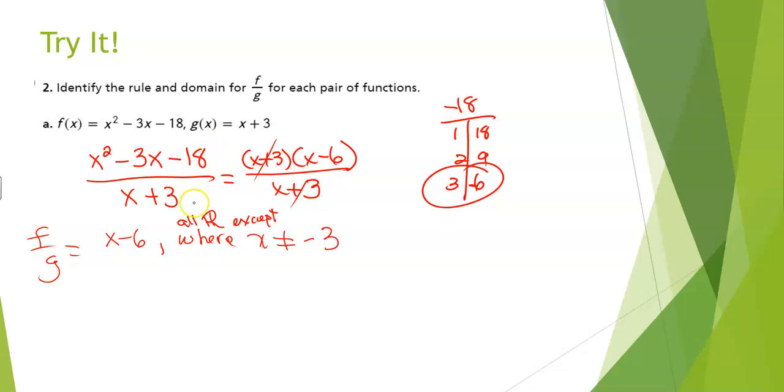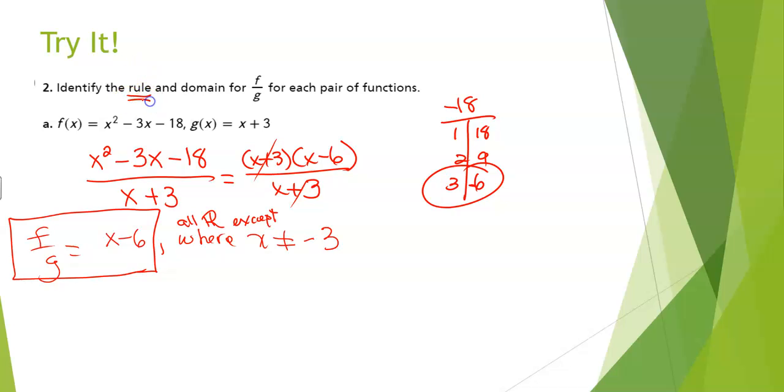You set it up like this, and then you realize this is a quadratic that can be factored. I found the factors of c, which is negative 18, and I found that 3 and negative 6 add up to negative 3, and so x plus 3 times x minus 6, and the x plus 3's cancel out because that's the same thing as 1, and I'm left with this. This is my actual function when I combine those two, and that's called the rule.